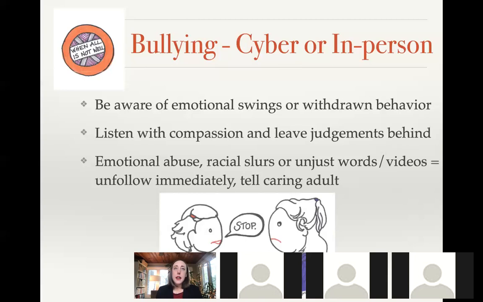But since that is the case, we need to look for signs. Is our child having much greater emotional swings? Are they withdrawn more? Are they really down? Are they very irritable? How can we find opportunities to not put them on the spot, but to listen with compassion and leave our judgments behind?